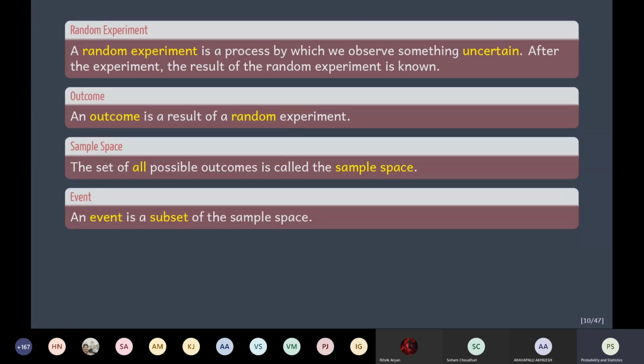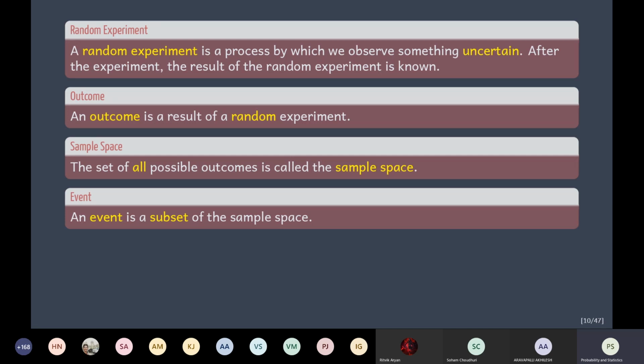An event is a subset of the sample space. So basically, an event is one of, or a set of, some outcomes from the sample space. The sample space is a collection of all outcomes. For example, if you toss a coin, then the sample space is head and tail. It's that set: the sample space is a set containing head, comma, tail.